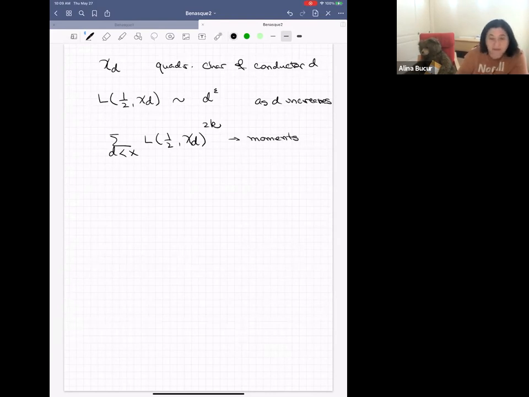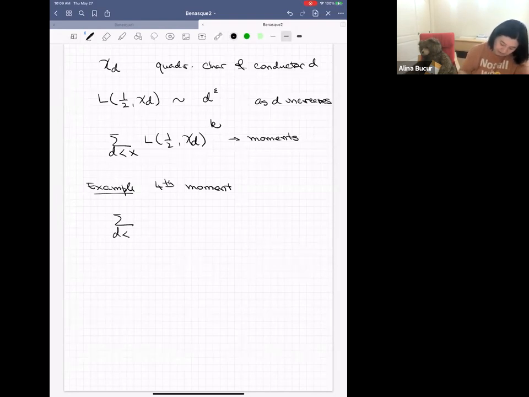The interesting thing is that Katz-Sarnak predicts the main term in these moments. Somehow the random matrix theory point of view doesn't give you the lower order terms, but there are other methods that do. An example would be the fourth moment here. Well, I should have put just K, not necessarily 2K.